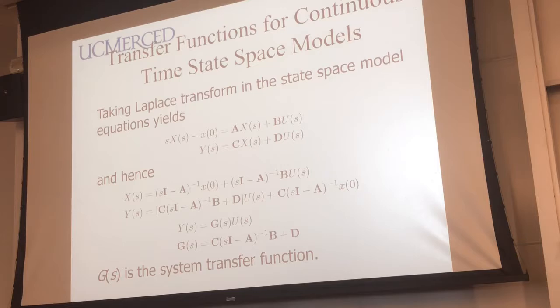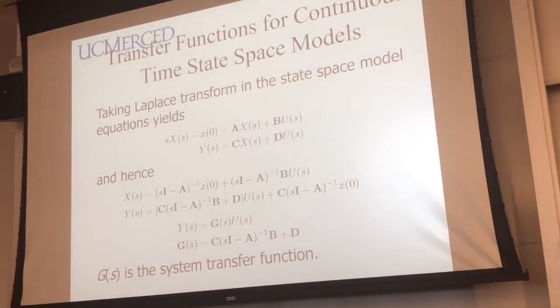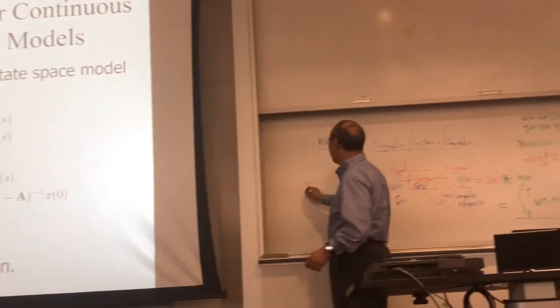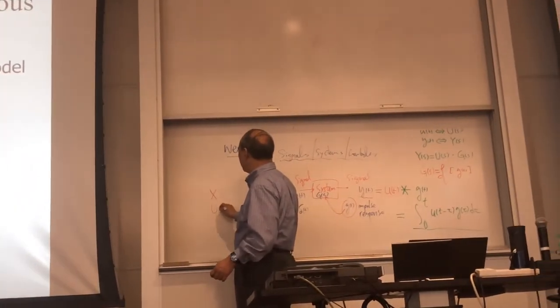Okay, so in state space format, if you do a Laplace transform of x dot, you are going to have sX(s) minus x0, so you end up with something like that. In other words, you don't see x in here. So x is something called internal. So u is called input, right?